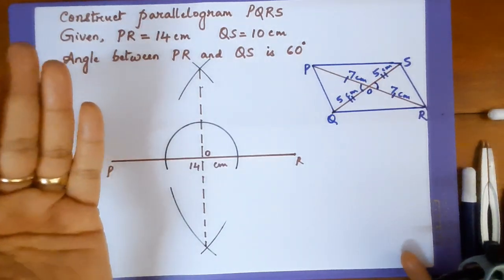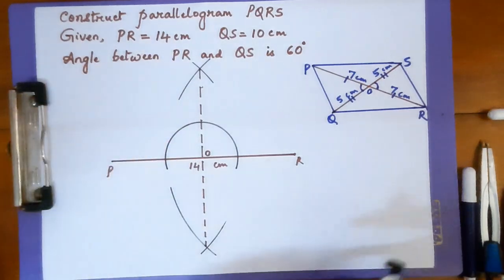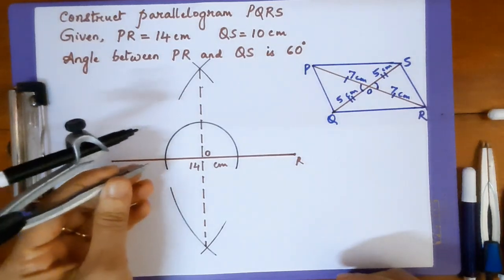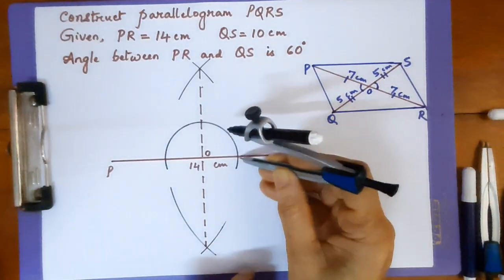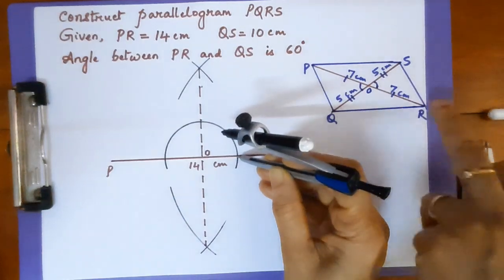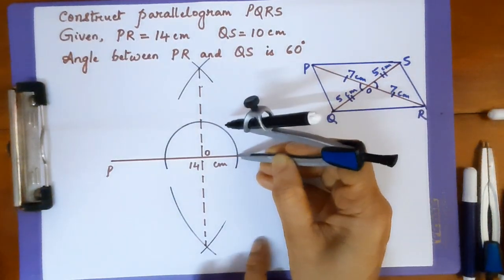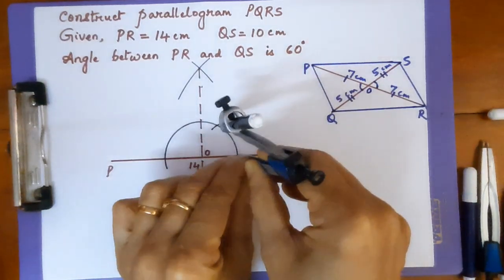Of course, it is one of the angles between the diagonals. So as shown in the rough diagram, I will be marking from this end. You can observe here ROS is 60-degree. So I will be taking from the right end a 60-degree cut without changing the radius.